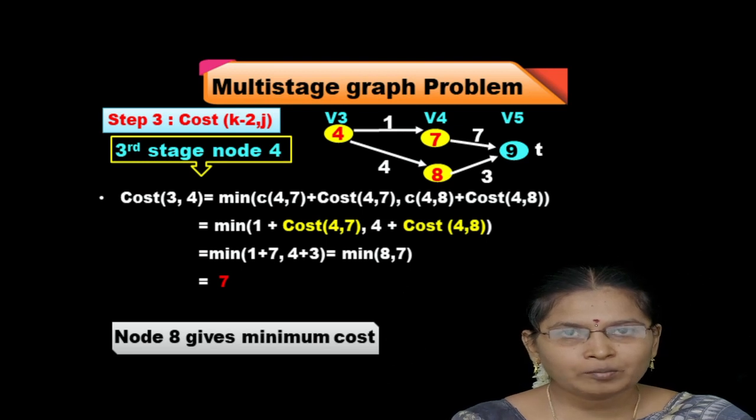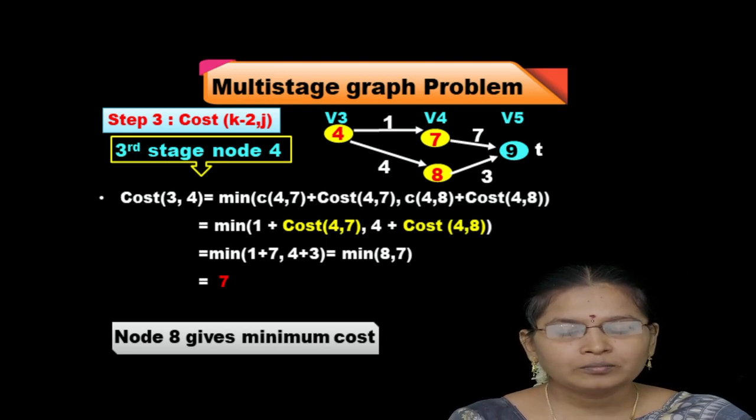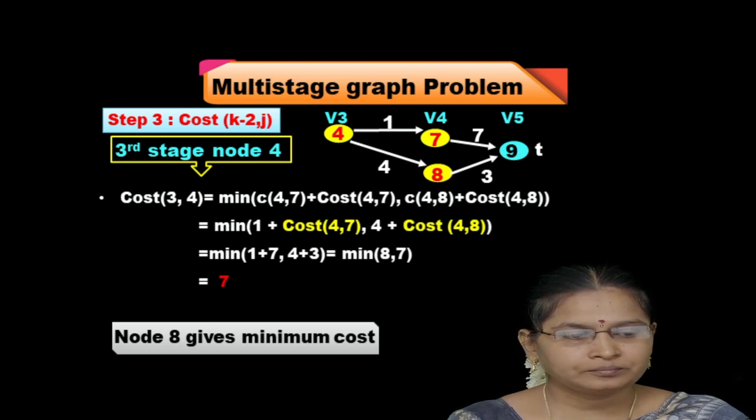Cost of 3 comma 4 equals the minimum of C of 4 comma 7 plus cost of 4 comma 7, and another one, C of 4 comma 8 plus cost of 4 comma 8. Finally we get the minimum value as 7. So for the cost of 3 comma 4, node 8 gives the minimum cost.